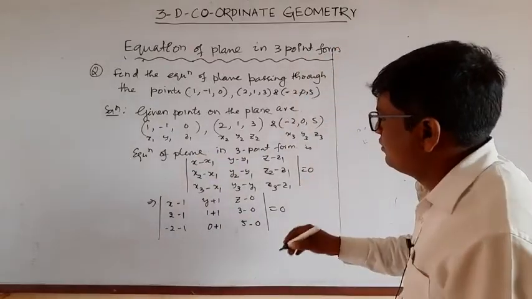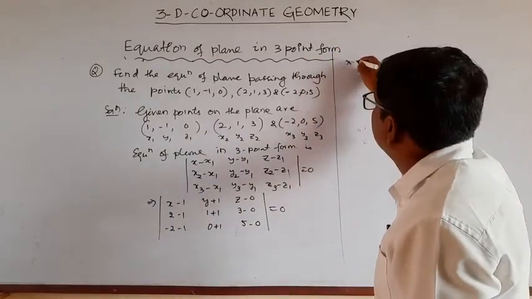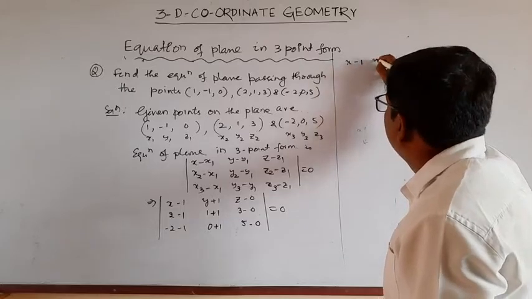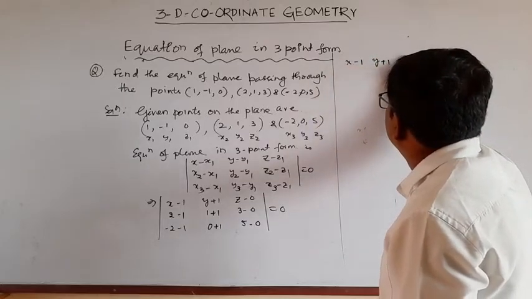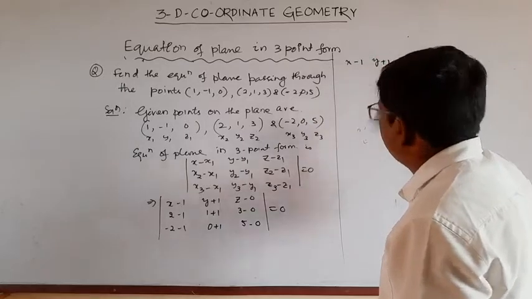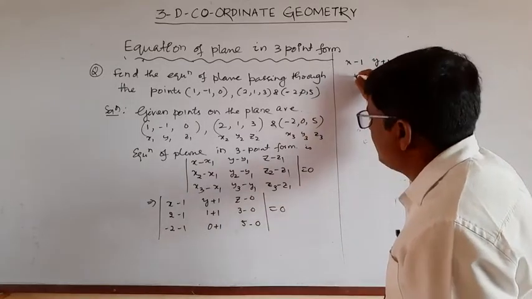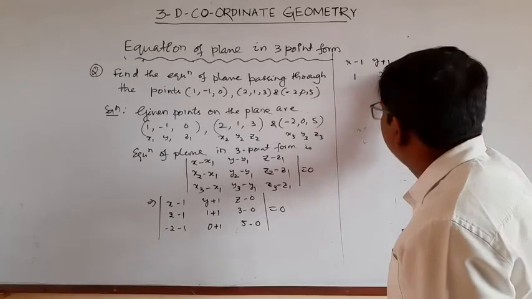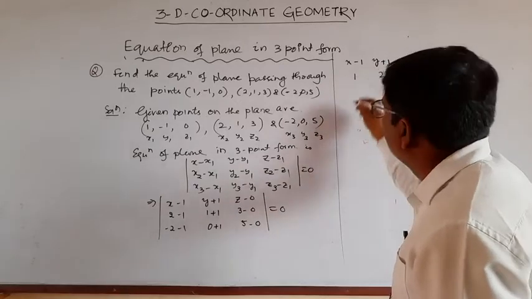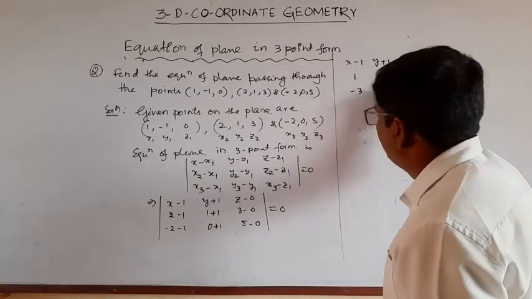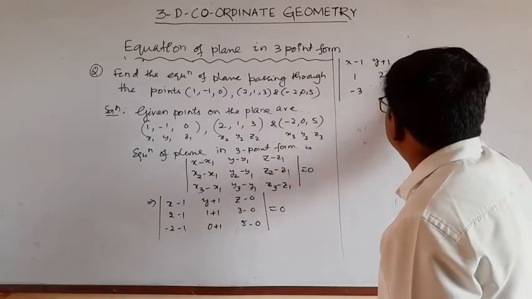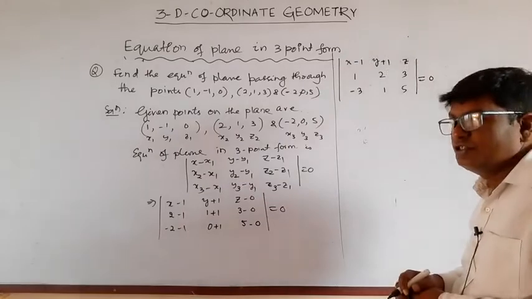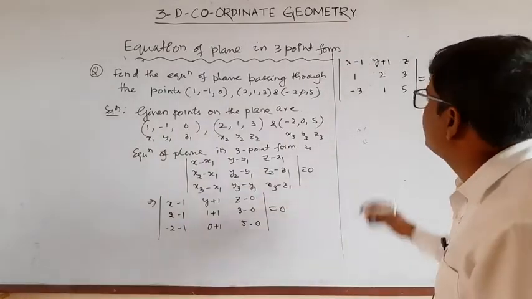So this is x minus 1, y plus 1, z, 1, 2, 3, minus 3, 1, 5 is equal to 0. Now expand this.